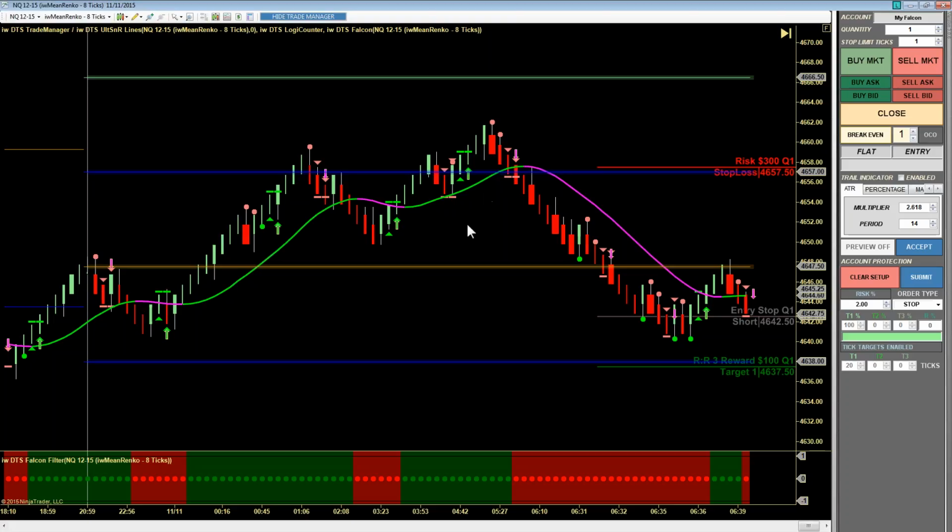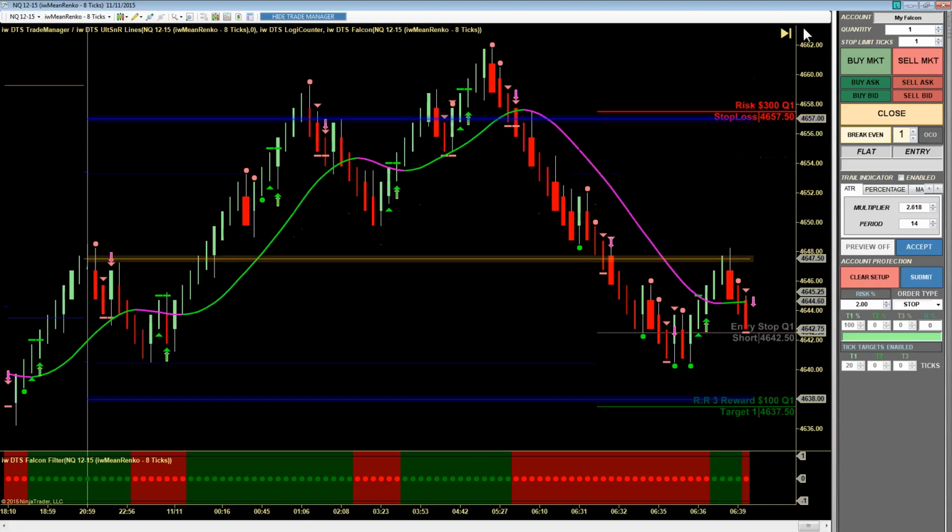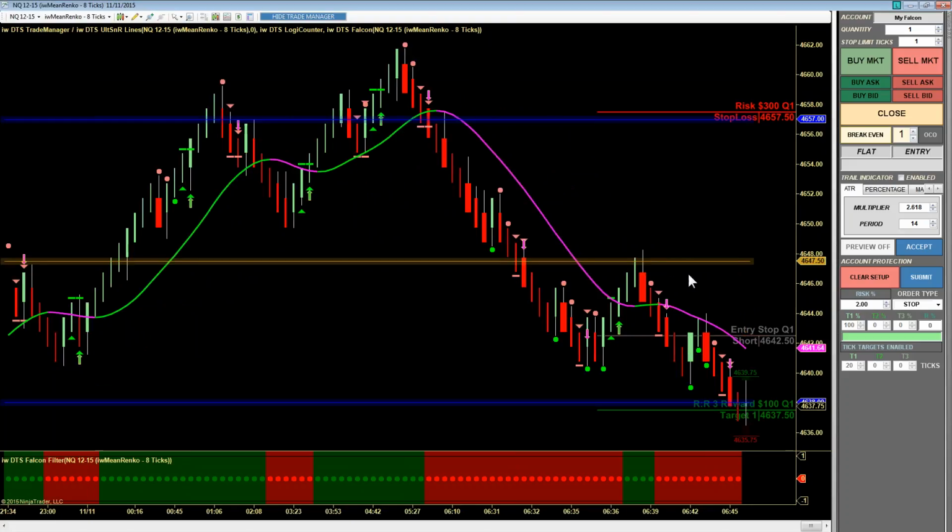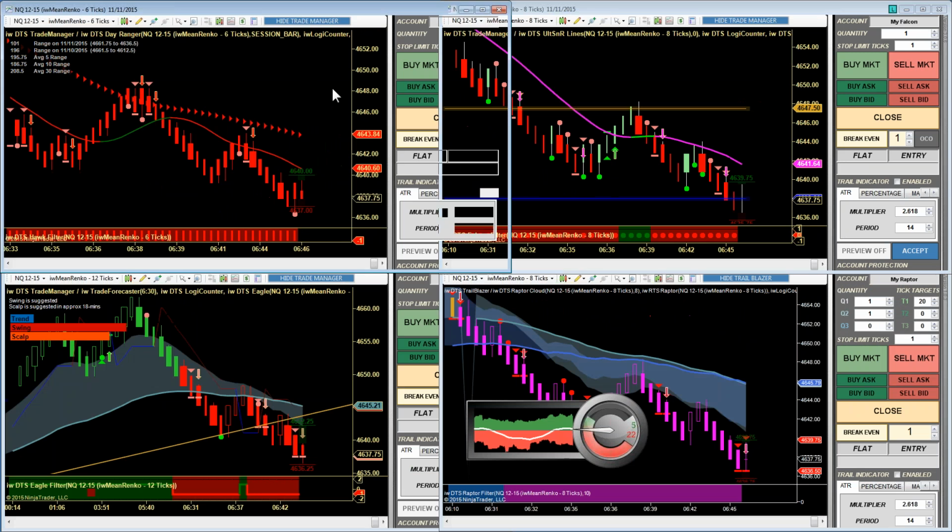Whatever your moving average happens to be, whether it's a 20 or a 40 or a 60 or whatever you're following. So that would be a decent place to place a stop. You can see it's also above our primary resistance. But to answer your question, I always try to go for a fundamental stop placement.